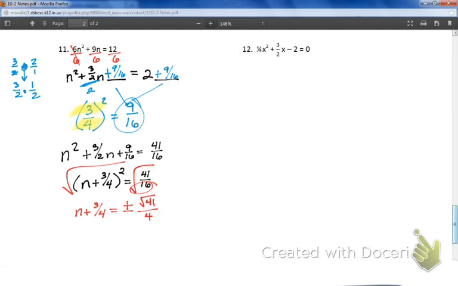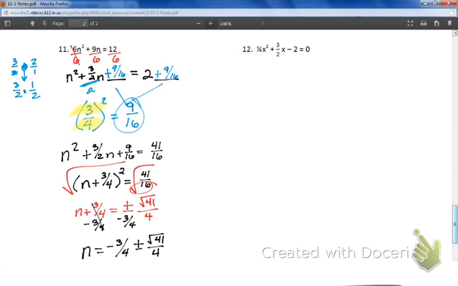So, last step here, to get the actual answer, is to subtract the 3/4 on both sides and write my answer as n equals negative 3/4 plus or minus square root of 41 over 4.